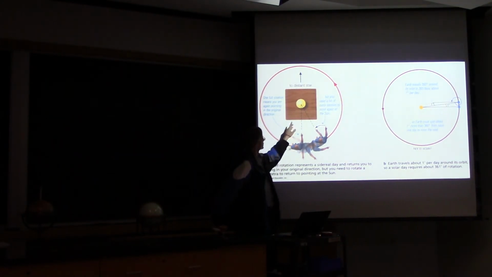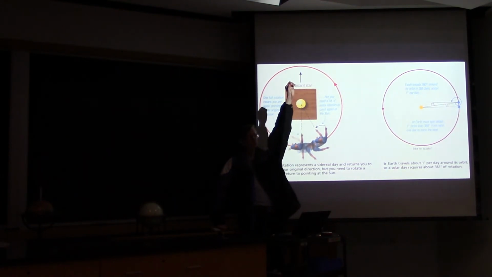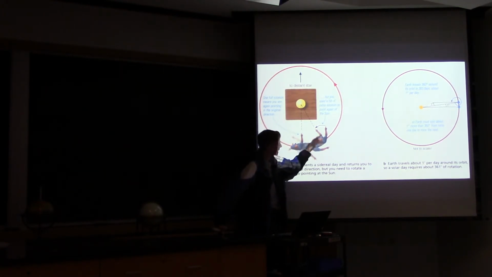Suppose the Sun is in front of some distant star seen from Earth, then the Sun and that star would come to our meridian together. Now, if Earth wasn't going around the Sun, when it spun around 360 degrees, the Sun would still be in front of that star, and so the Sun and the star would get back to the meridian at the same time. However, we're going around the Sun.